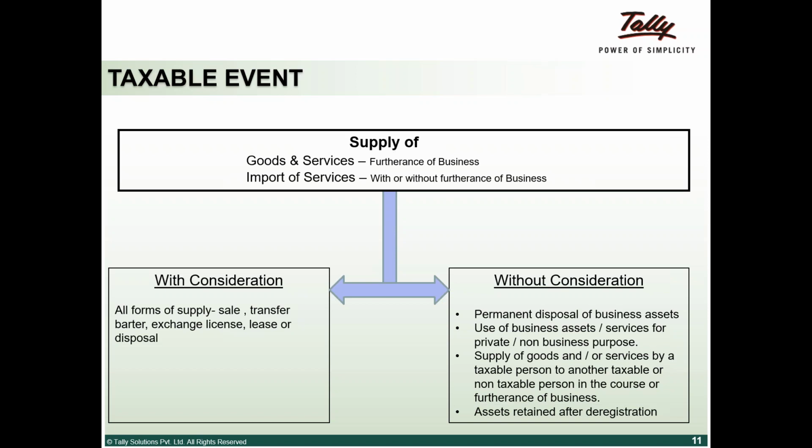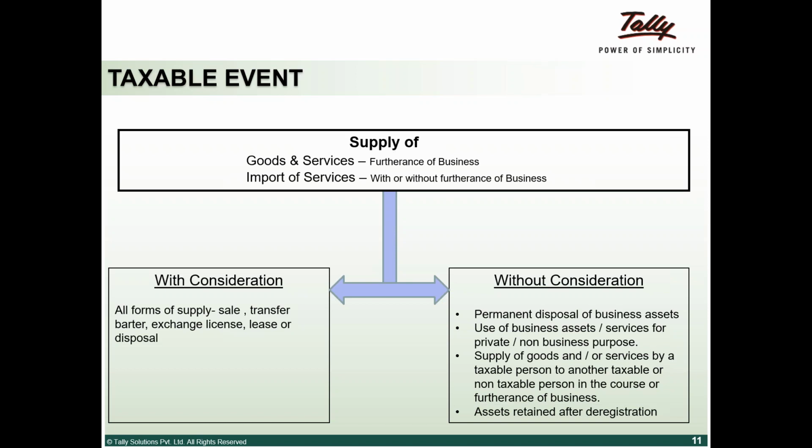But at what point of time does the incidence of tax actually get triggered? This is something you may want to pay more attention to, because there could be many events in the life cycle of a transaction, but at what point a taxable event gets triggered is something that you need to pay attention to.